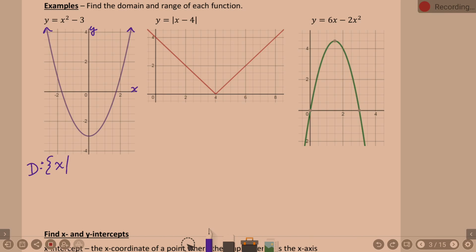So this is just saying x such that. Now, in this case, we just said it goes from negative infinity to positive infinity. So what I'm going to write here is just that we can talk about being all real numbers, or the fact that this could be just written as x is a real number. Okay. Another way you might see this stated or written is all real numbers.